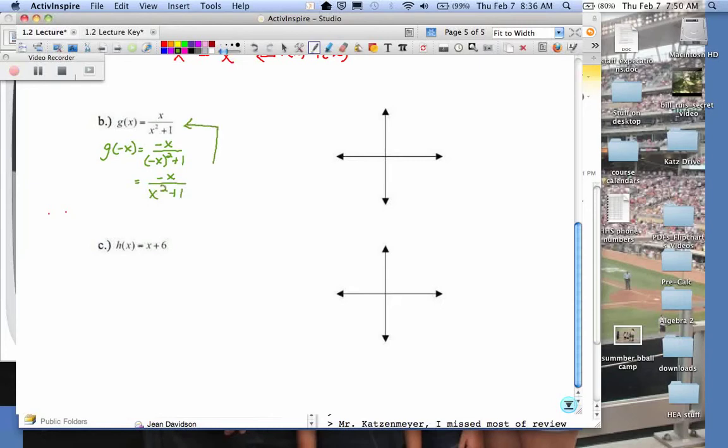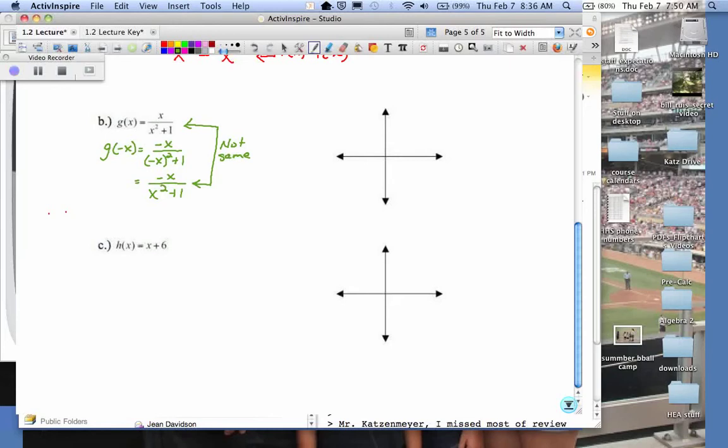Is my original function and the output where I did the negative x, are those two the same? No. The denominators are the same, but the top, one's positive, one's negative. So this is not the same. Okay? So that tells us we have to try something else.